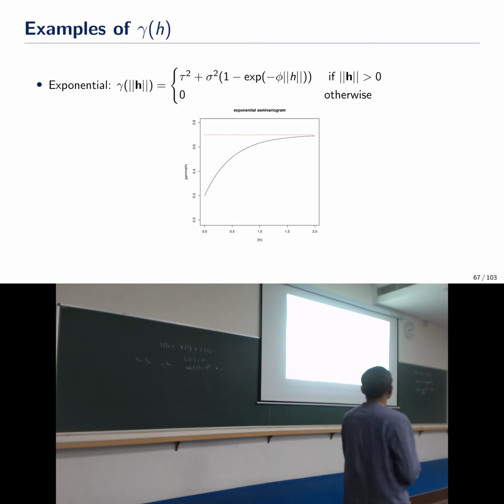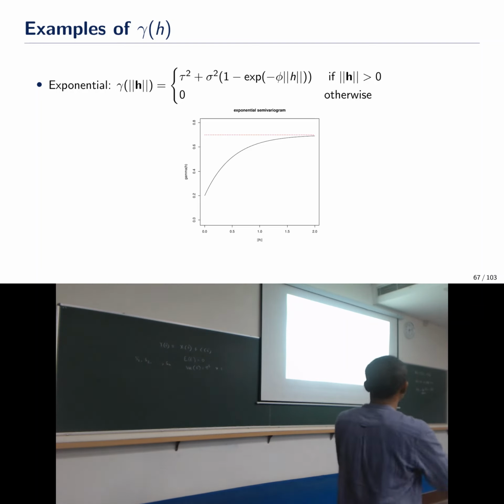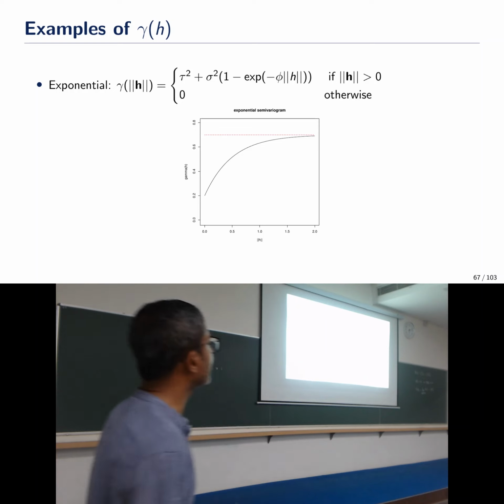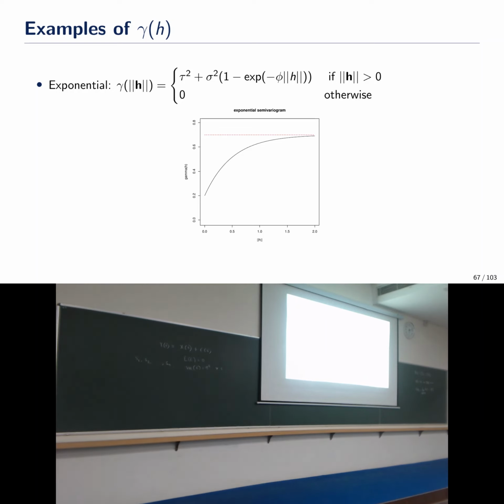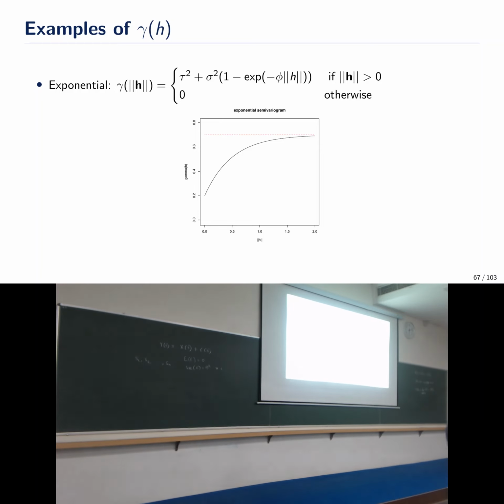What is important here is that there is no range as such, although the sill exists, which is again tau square plus sigma square. The range is infinity, and in that particular case we work with the effective range instead of range. That means you fix an epsilon, and you see after which point the curve enters within the band of this epsilon. That's the exponential semi-variogram picture.